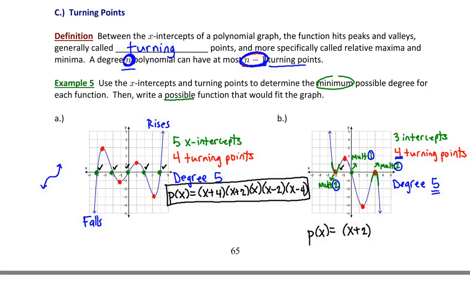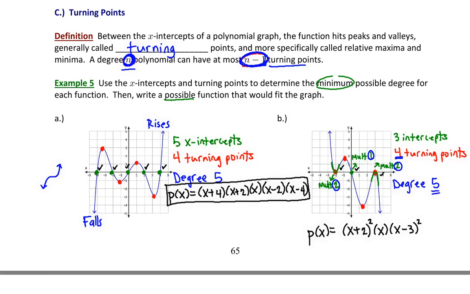But remember, it has to have at least multiplicity 2, so we're going to square that factor. The second 0 there is x equals 0. It's crossing the x-axis, so we'll assume that it has the minimum odd multiplicity, which is 1. And then finally, at x equals 3, we have the factor x minus 3, and it must have even multiplicity, again, because the graph is bouncing there.